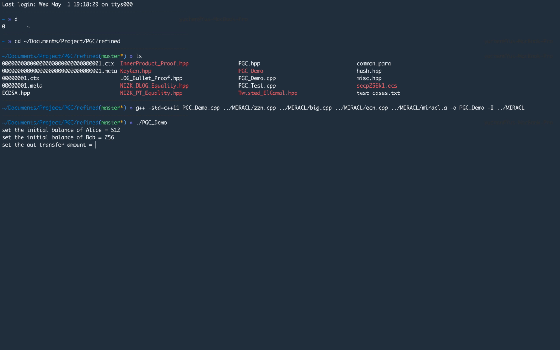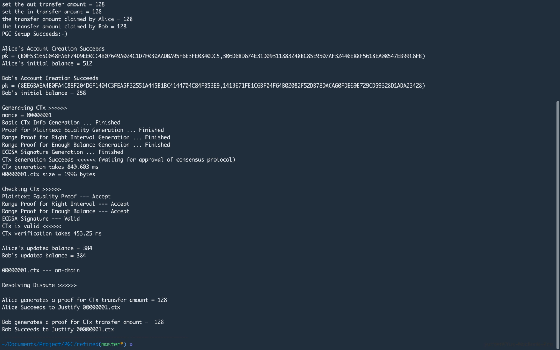Set the out transfer amount to be 128, and also the same for the in transfer amount, 128. Both Alice and Bob claimed the transfer amount should be 128. Okay, let's do the confidential transaction.